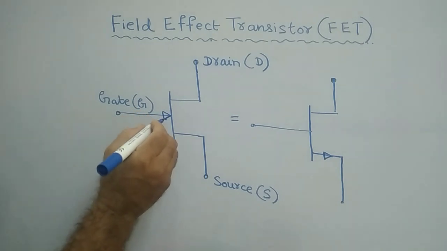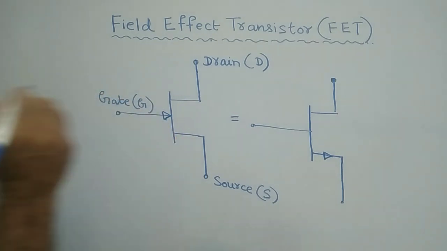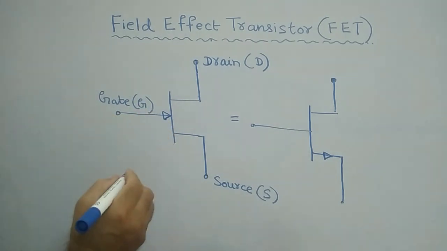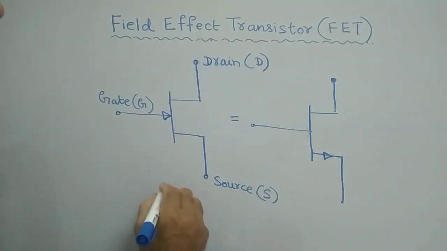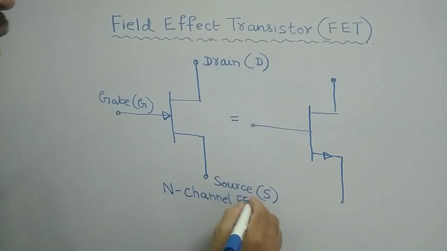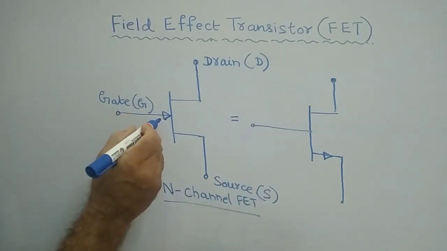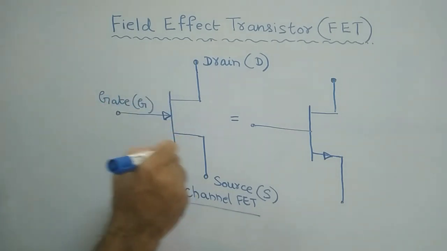The arrow mark indicates the flow of electrons and current. If the arrow mark is in the forward direction, this is called an N channel FET.